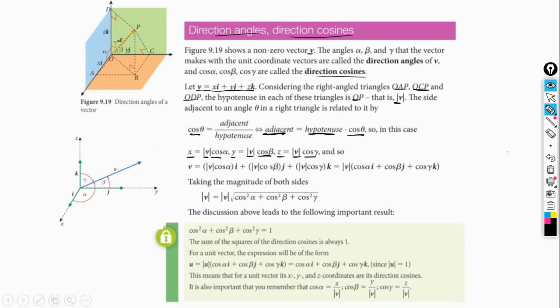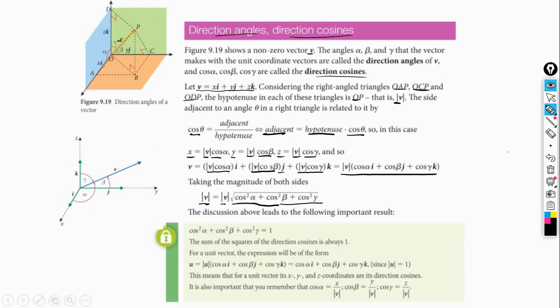So notice that vector v is now going to be magnitude v times cosine of alpha times i, plus magnitude of v times cosine of beta times j, plus magnitude of v times cosine of gamma times k, which can be summarized into this expression. Now, if we take the magnitude of both sides, we're going to get that the magnitude of v is equal to the magnitude of v times the square root of cosine squared of alpha plus cosine squared of beta plus cosine squared of gamma.